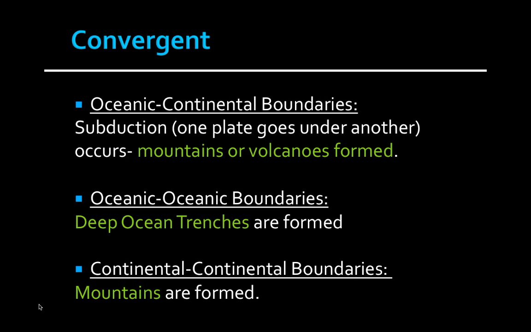Once the oceanic plate gets pushed underneath, it melts, and that magma that is created often is pushed back up, causing volcanoes to be formed. When two oceanic plates push together, something called an ocean trench can be formed. When two land plates, or two continental plates, meet, mountains are formed.